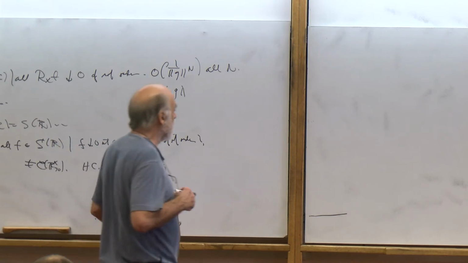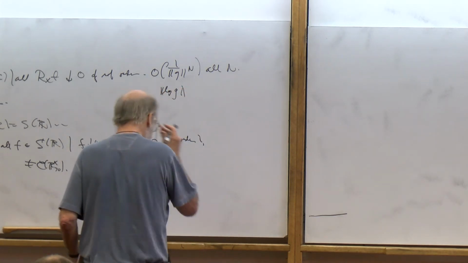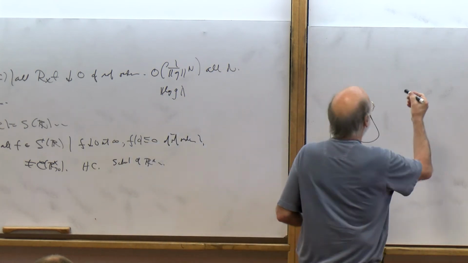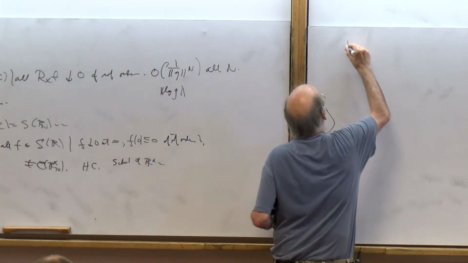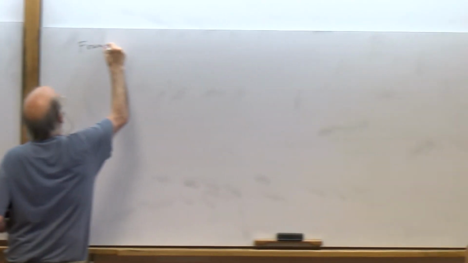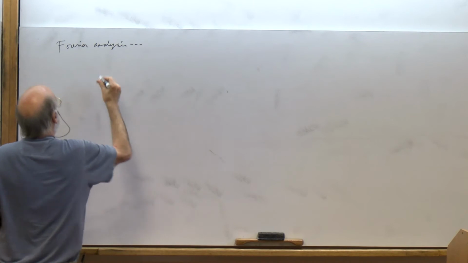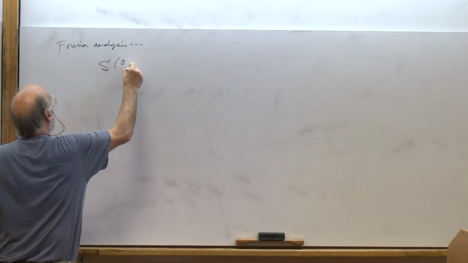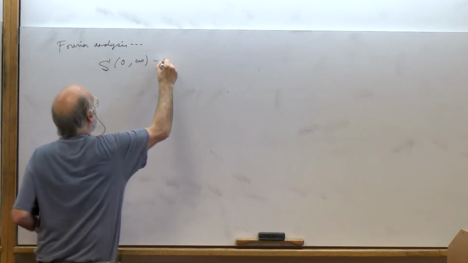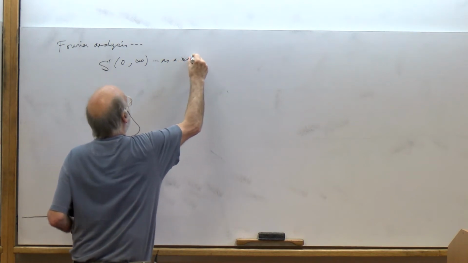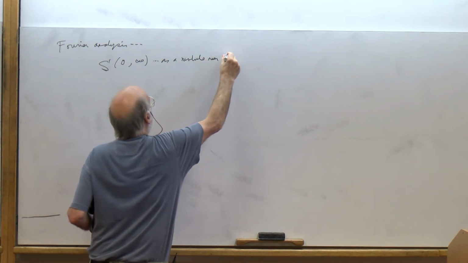Yes, so I want to do some Fourier analysis of some elementary kind. So let's see why these are nice spaces. So let's do some Fourier analysis. So let's look at S of 0 infinity again as a module over the positive reals.